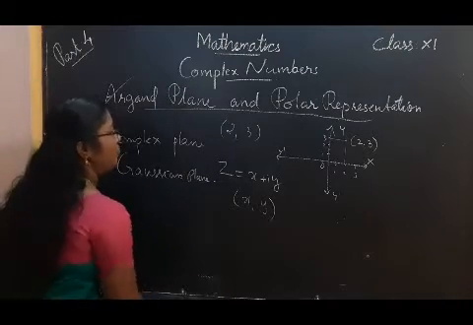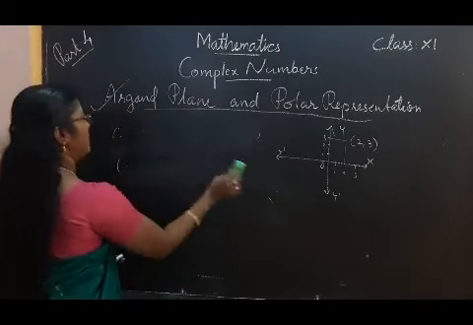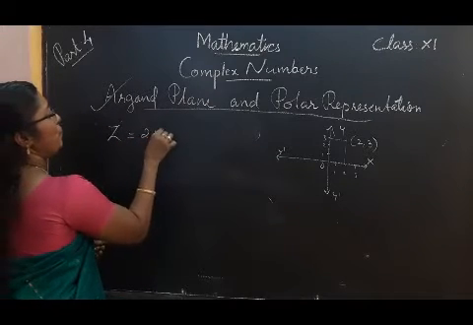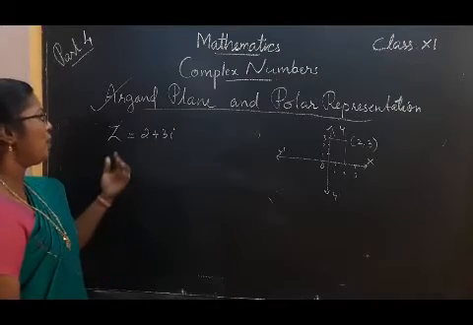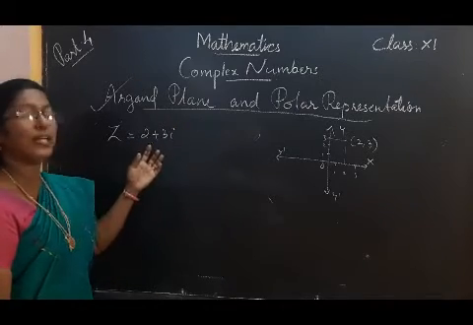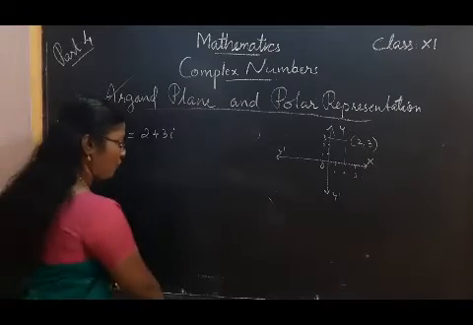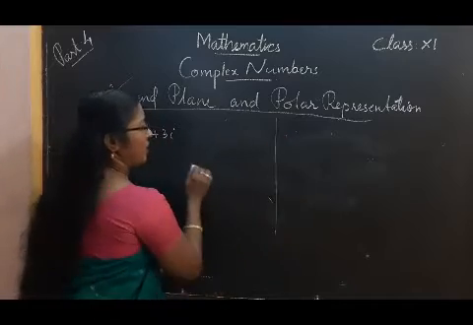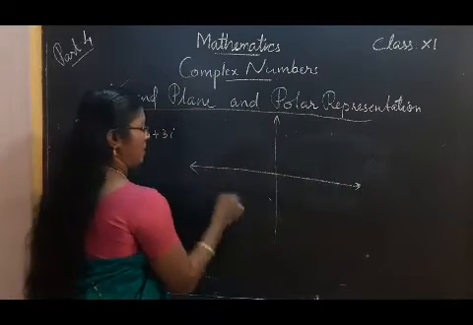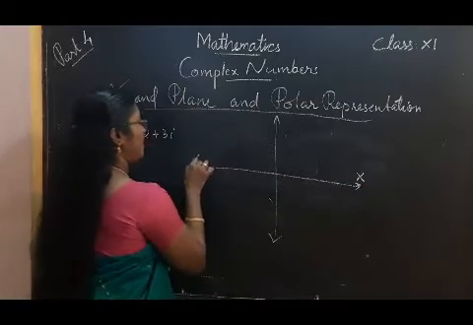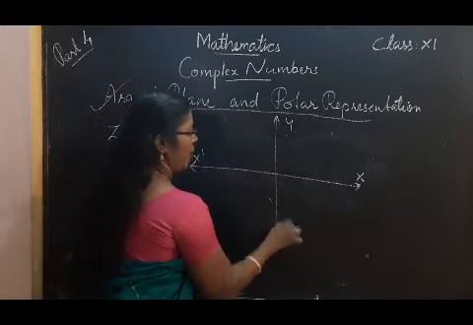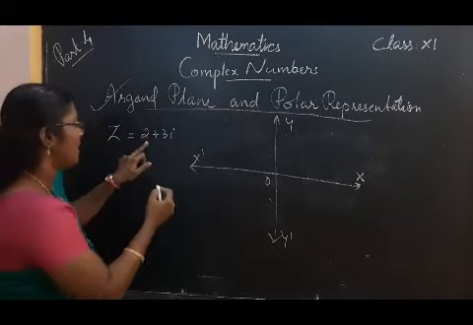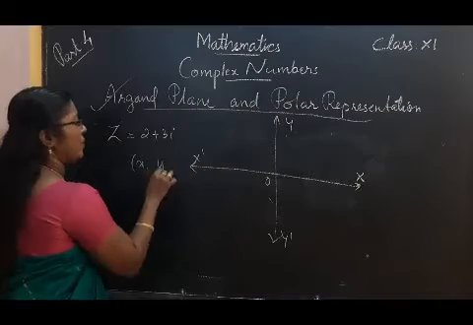Let us plot the complex number 2 plus 3i. How will you plot this complex number z equals 2 plus 3i? First of all, draw the plane: this is the x-axis, X dash, Y, Y dash, origin. Consider the real part as x and the imaginary part as y.